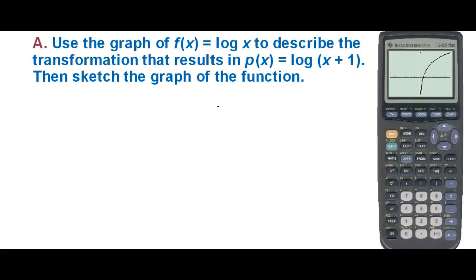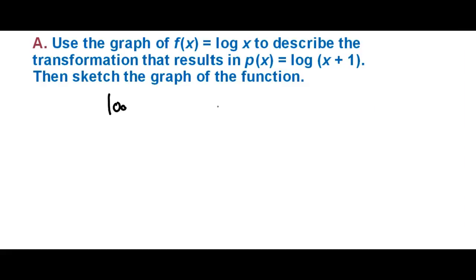So if you have log of x plus 1, this is going to do the opposite of what you'd expect. So since it's plus 1, it's going to move over to the left. If we had something like log of x, and we added 1 to this whole thing, that's where you would see movement upward. So let's go ahead and see that on the graph.